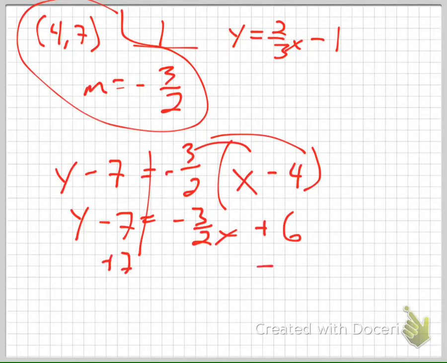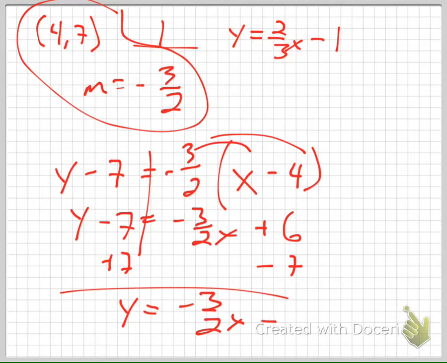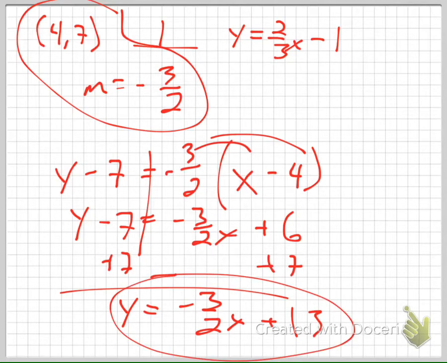Plus 7. y equals -3/2 x minus 1? No, plus 13, right? How many of you got that? y equals -3/2 x plus 13. Are you following it? What did you do wrong?